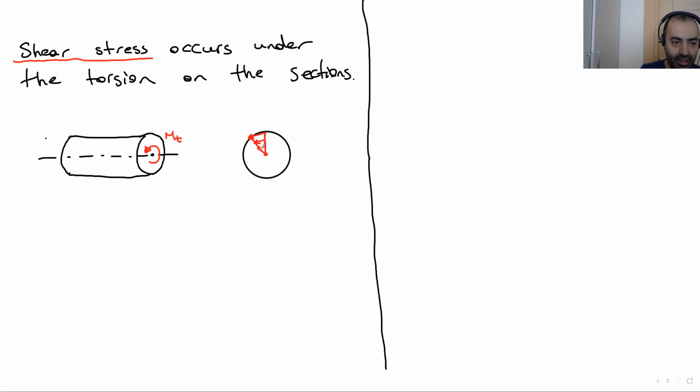The shear stress is always parallel to the section. Yes, the circle here is my section, and the arrows, as you can see in red, are parallel to my section. So this is torsional stress. Okay, this is torsion. As you can see, this is center stress.